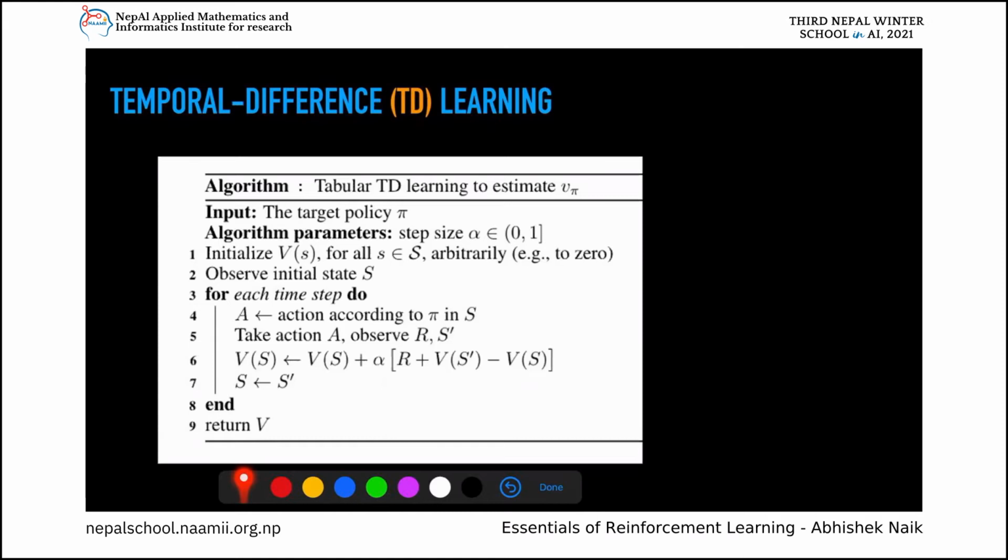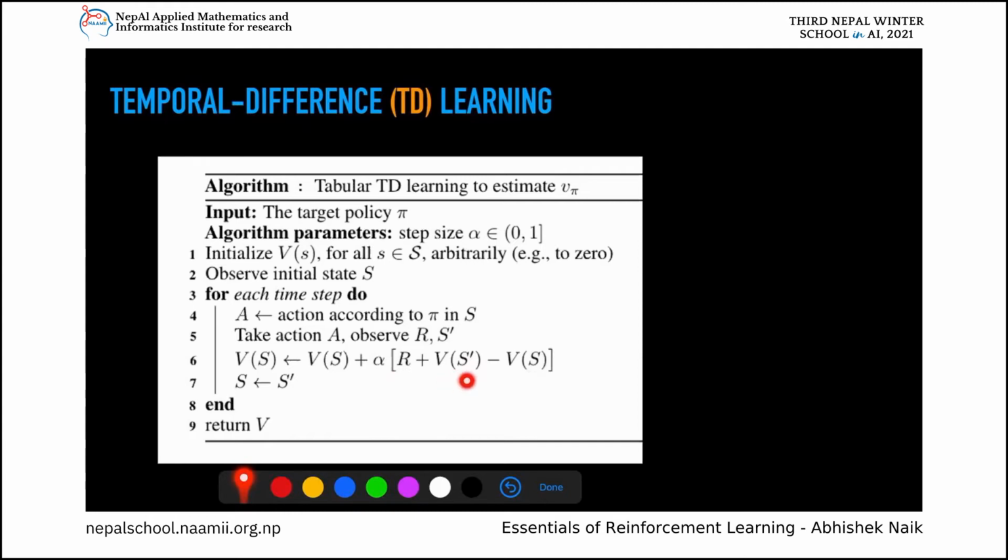You would know this is the ground truth, and you would improve your estimates towards that ground truth. Here, you have an estimate, and this is your target, right? Remember, this was: old estimate is old estimate plus alpha times target minus old estimate.